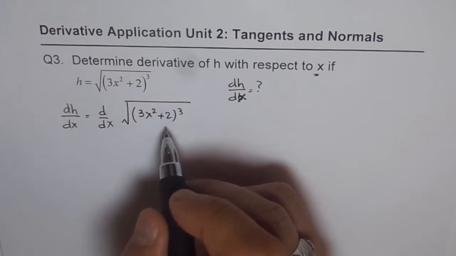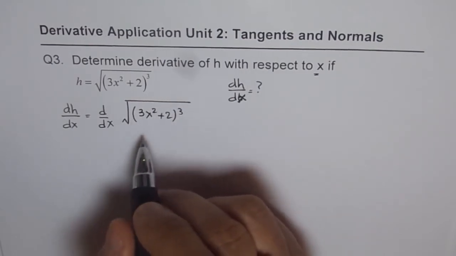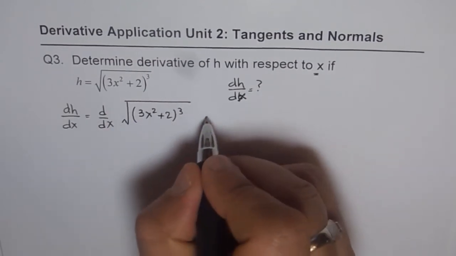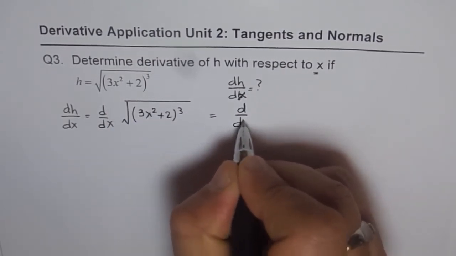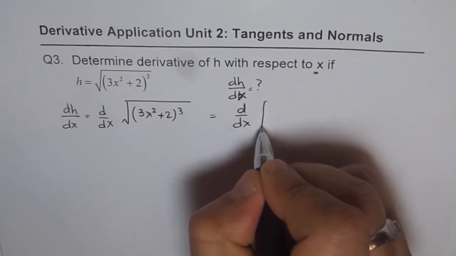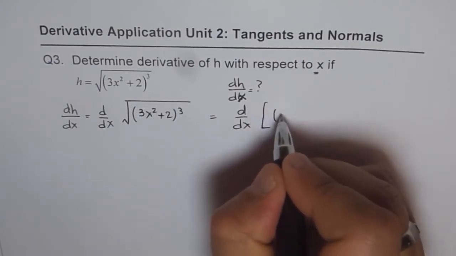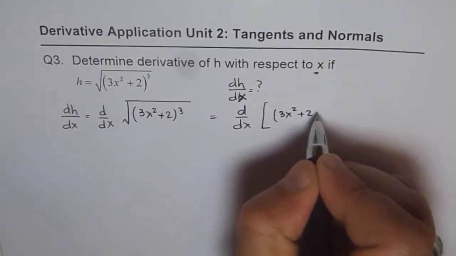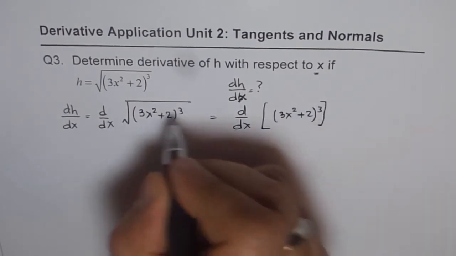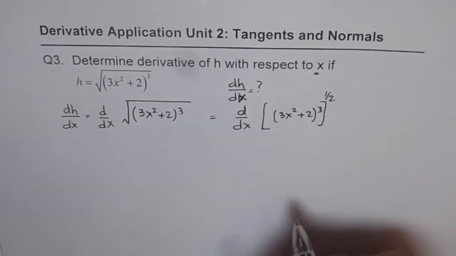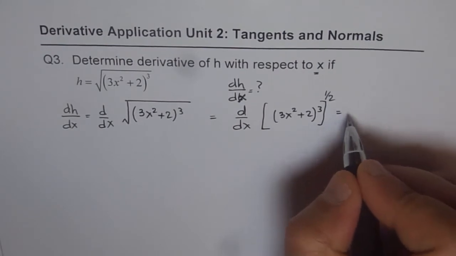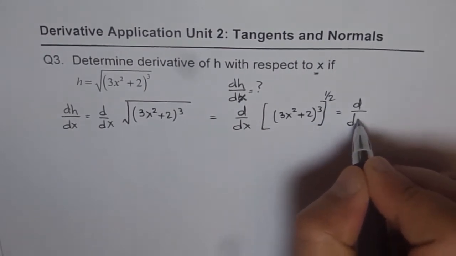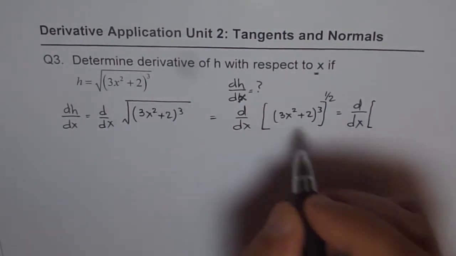So what we will do is write this as a power function. We'll write this as d/dx of (3x squared plus 2) whole cubed, to the power of half. That is for the square root. I'm showing you all these steps so that you can really write it as a power function.